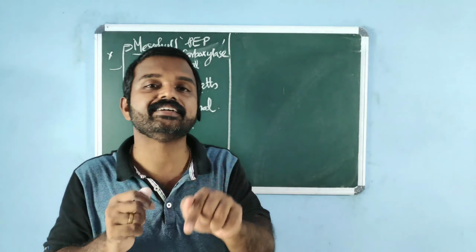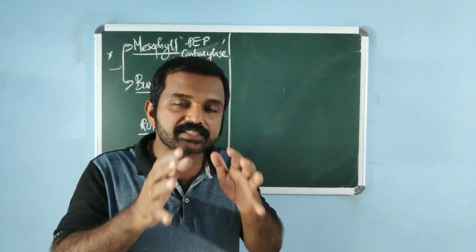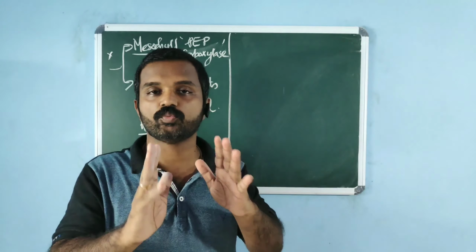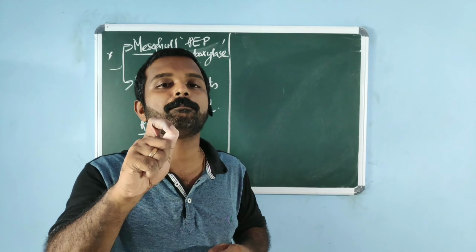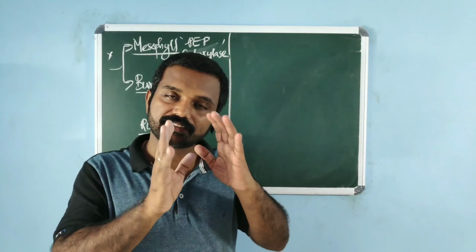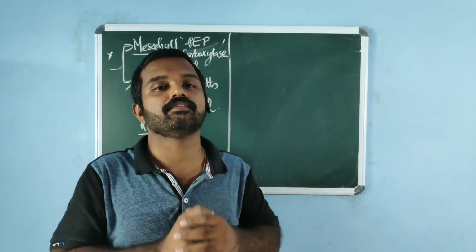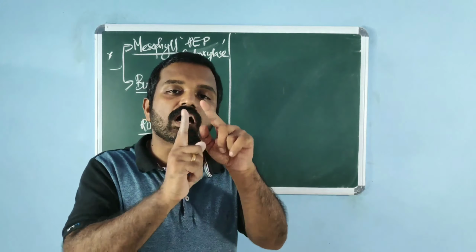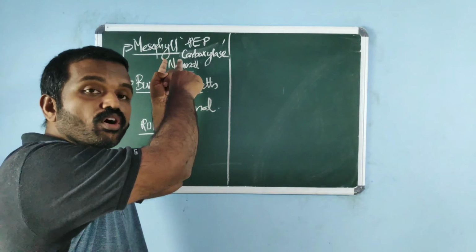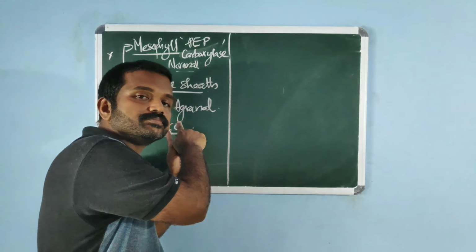Then how does carbon dioxide enter? That is explained by the C4 pathway, a cyclic process, also known as the Hatch and Slack pathway. Actually, the primary function of the C4 pathway is to transport carbon dioxide from mesophyll to bundle sheath.